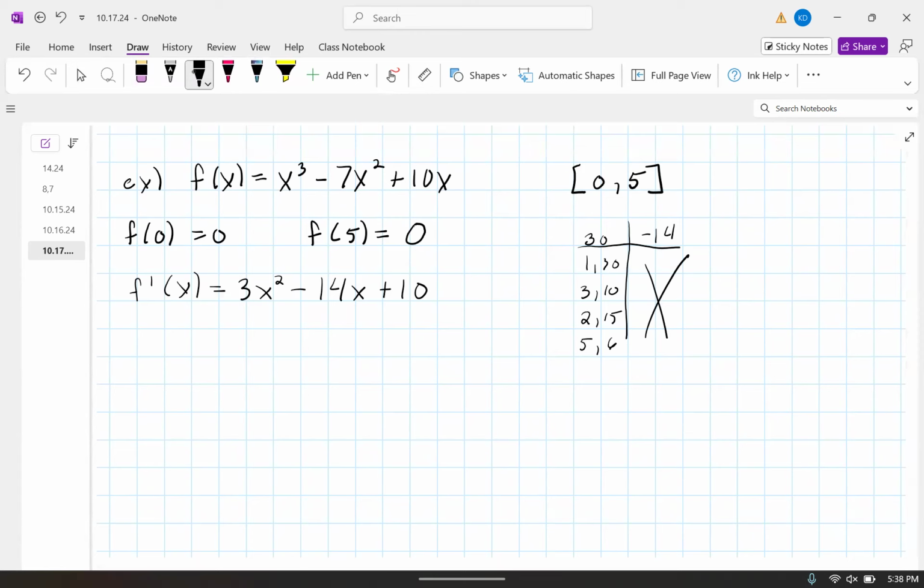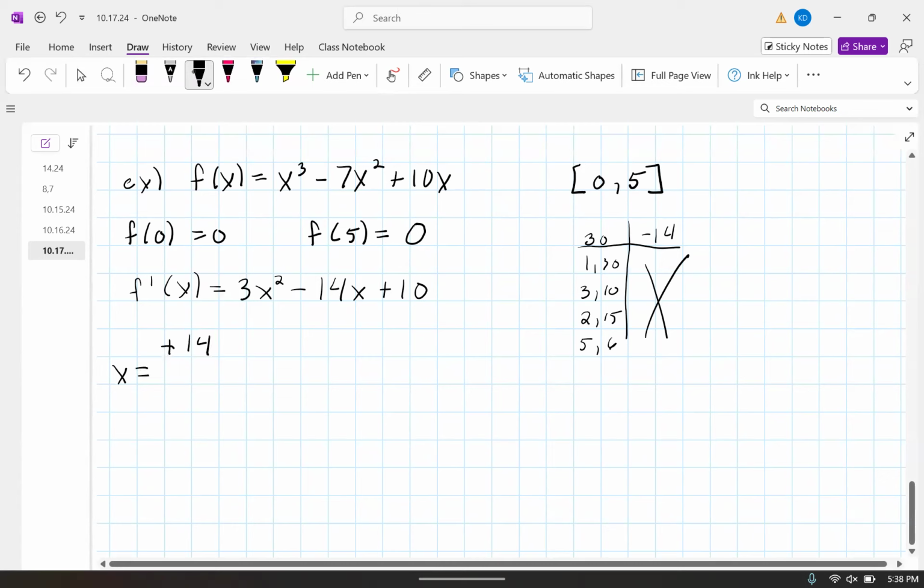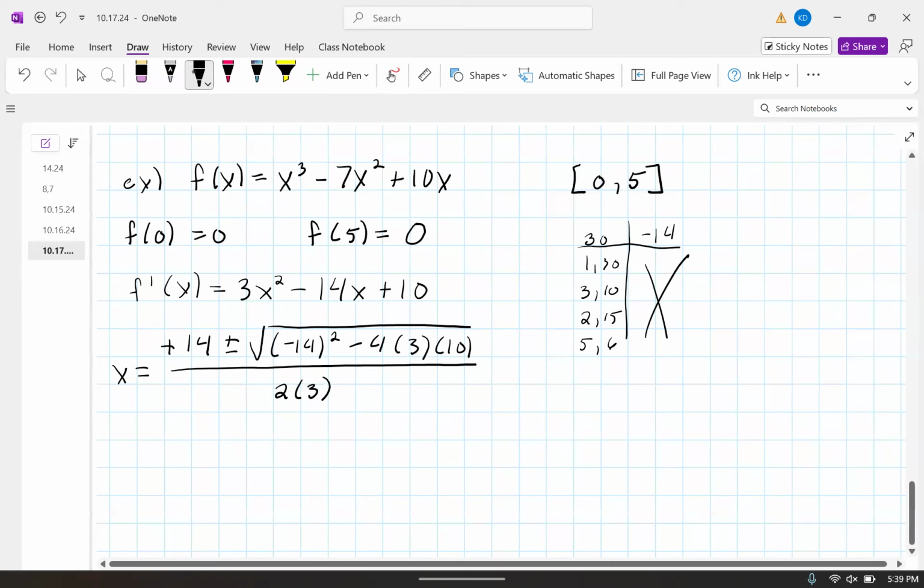So we cry a little bit, and then what do we do? The quadratic formula: negative b plus or minus the square root of b squared minus 4ac, all over 2a. Clean it up.